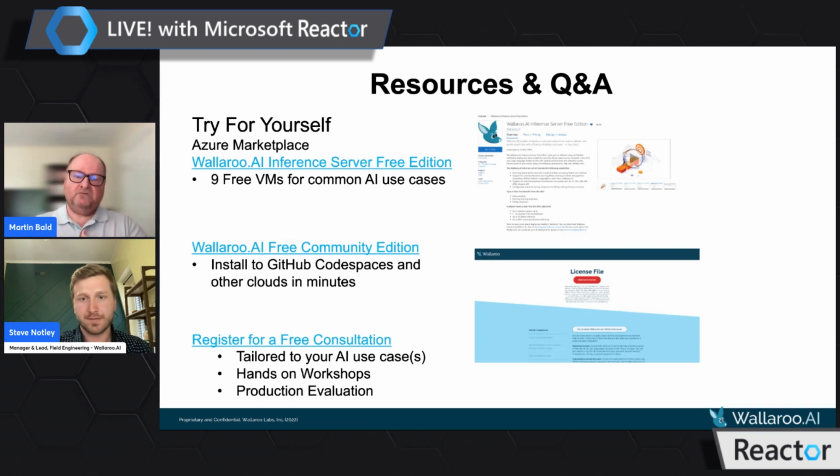If you don't want to go that route, we also have a free community edition. The license doesn't expire, and there's no catch or anything with these. It's really for the community, to help you get hands-on and figure out how to get your models into production. The community edition has that flexibility, and we just made it available to deploy to GitHub Codespaces.